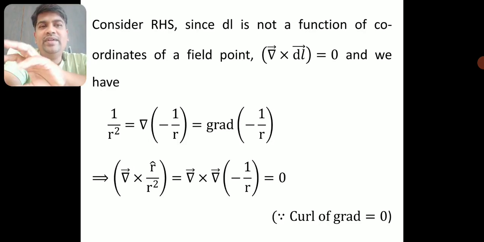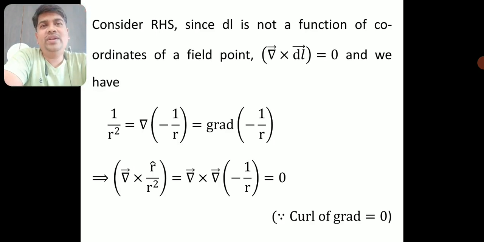So the quantity in the second term of that big equation, the curl of r cap by r square, is the curl of the gradient of minus 1 by r, because 1 by r square is the gradient of minus 1 by r. And the curl of a gradient is 0.